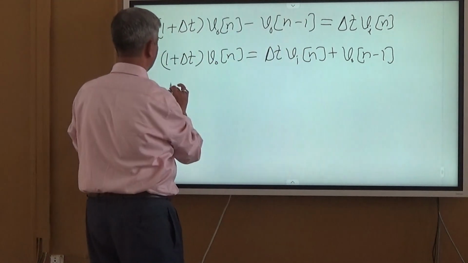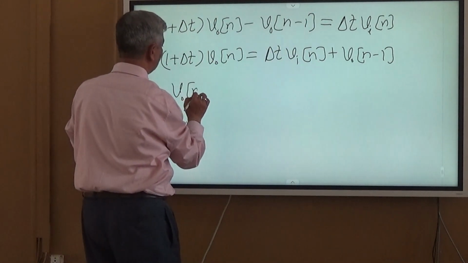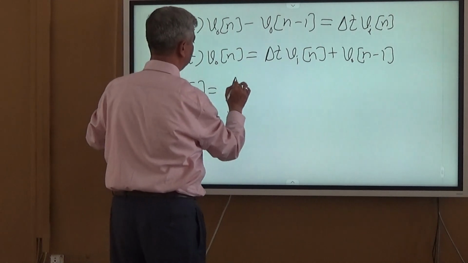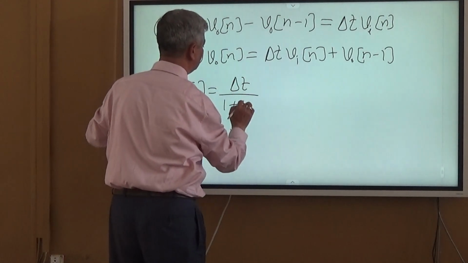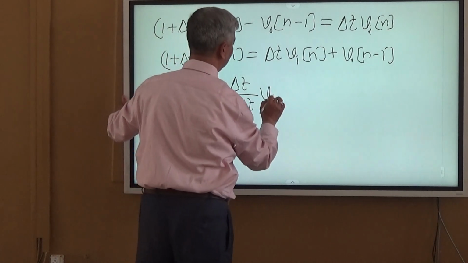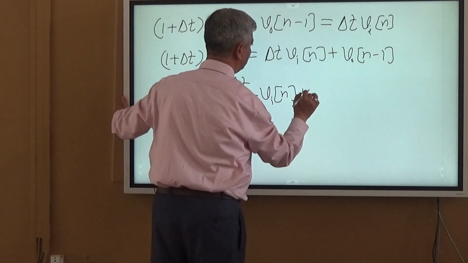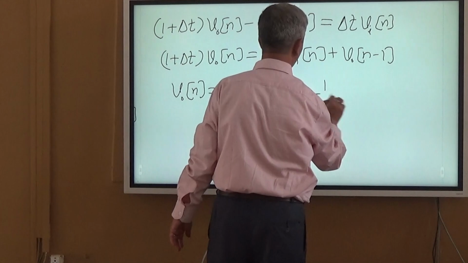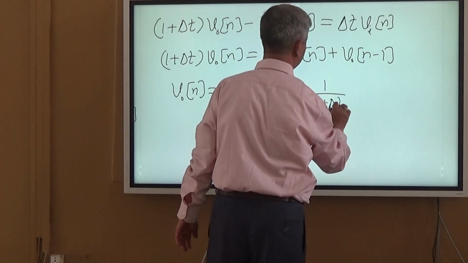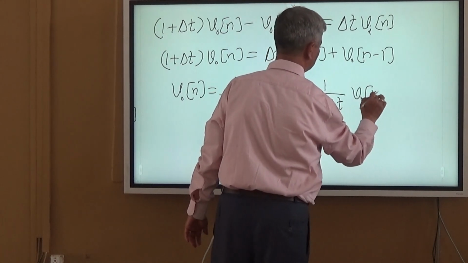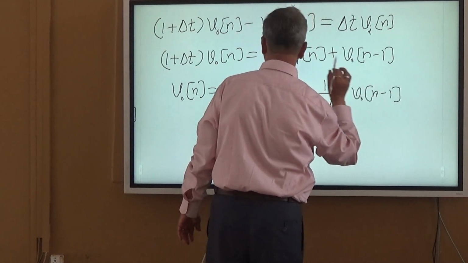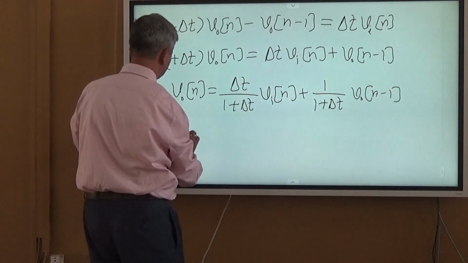Dividing on the other side, VO[n] is equal to delta t upon (1 plus delta t) Vin[n] plus 1 upon (1 plus delta t) VO[n minus 1].